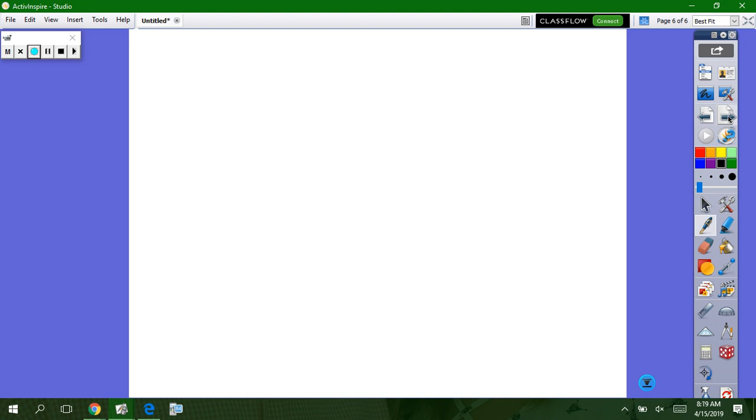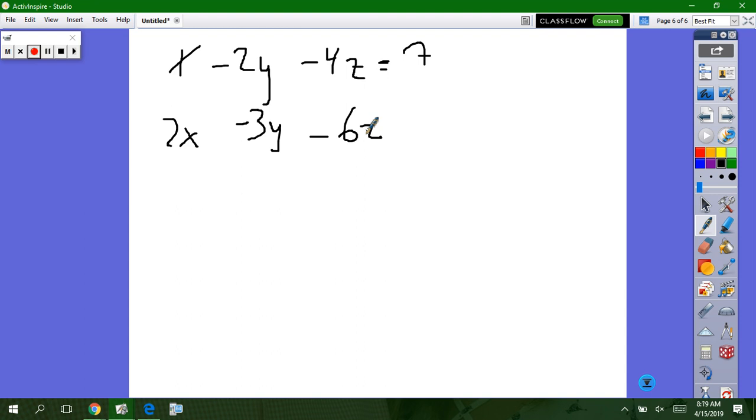Let's say I'm going to get an equation here. 1x minus 2y minus 4z equals 7. 2x minus 3y minus 6z equals 5. Negative 3x plus 6y plus 15z equals 0.